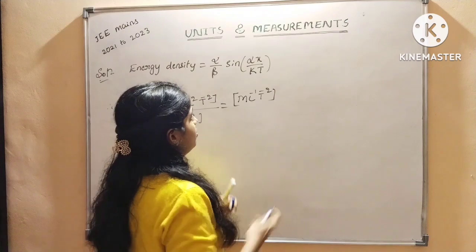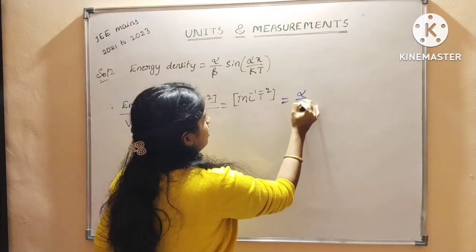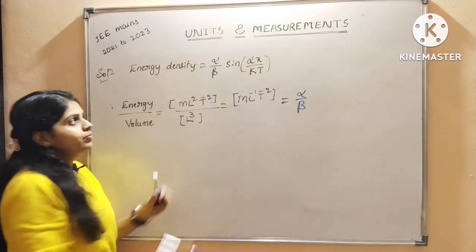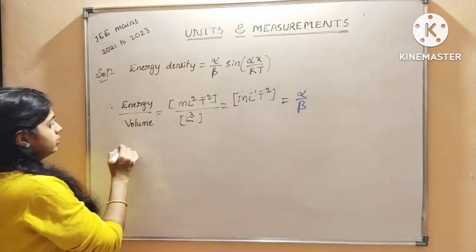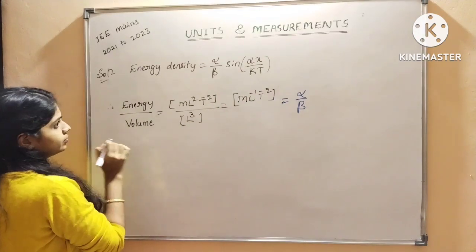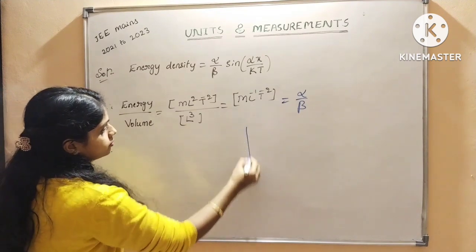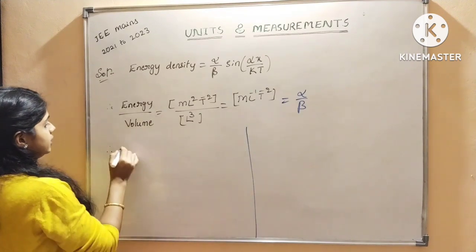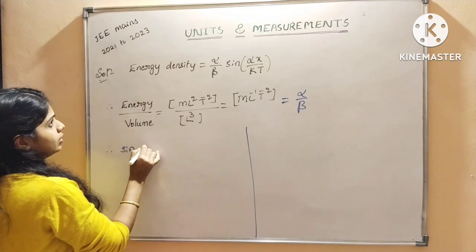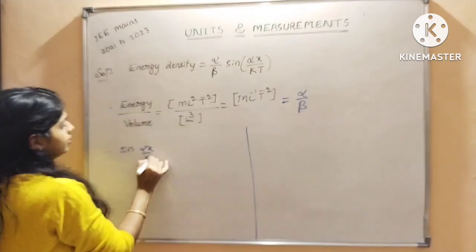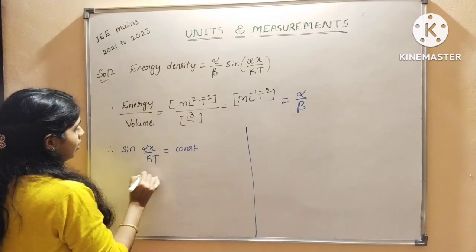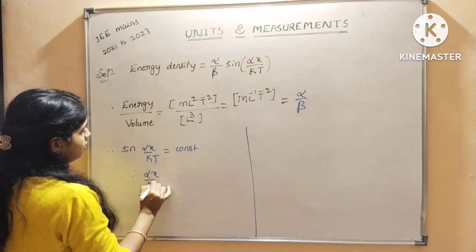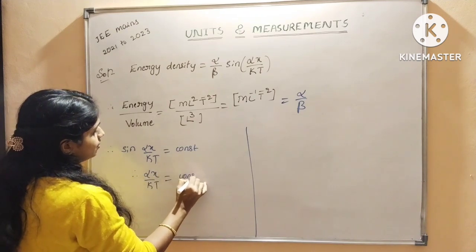This is the dimension of alpha by beta, because the sine term is a dimensionless constant. Therefore, alpha x by kt is also a dimensionless constant.